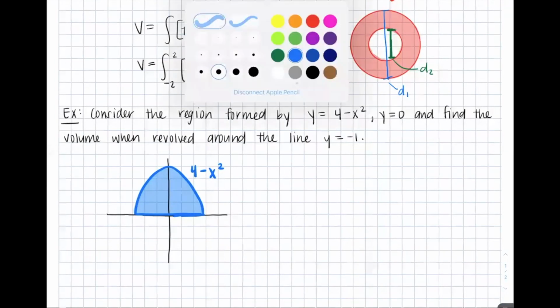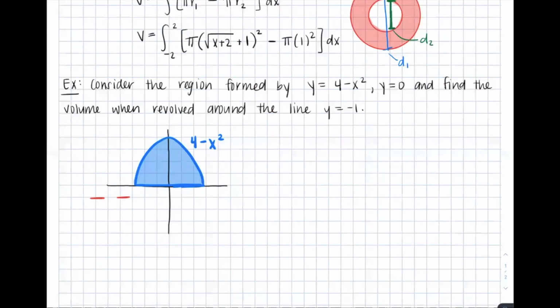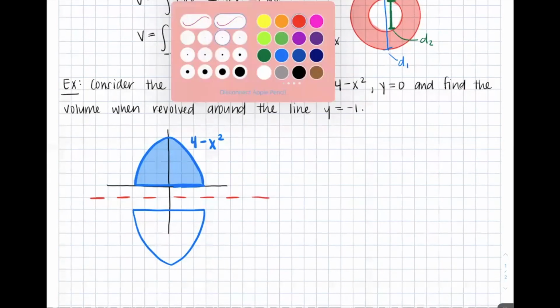Then we're going to flip it around the same line, y equals -1, and get something very similar on the other side. So there's what it's going to look like in 2D. This is the line y equals -1.